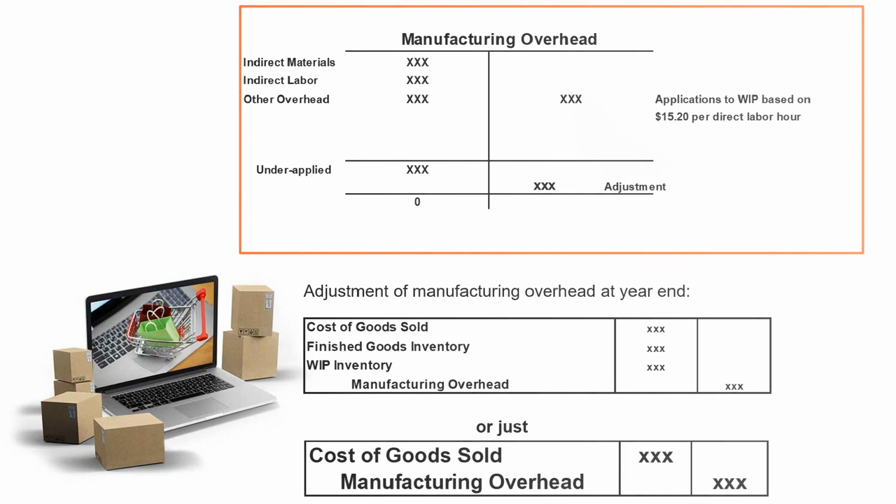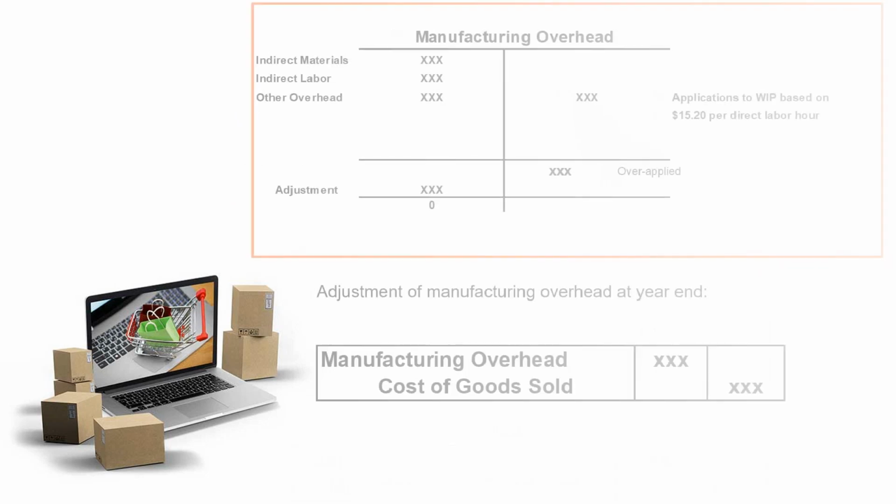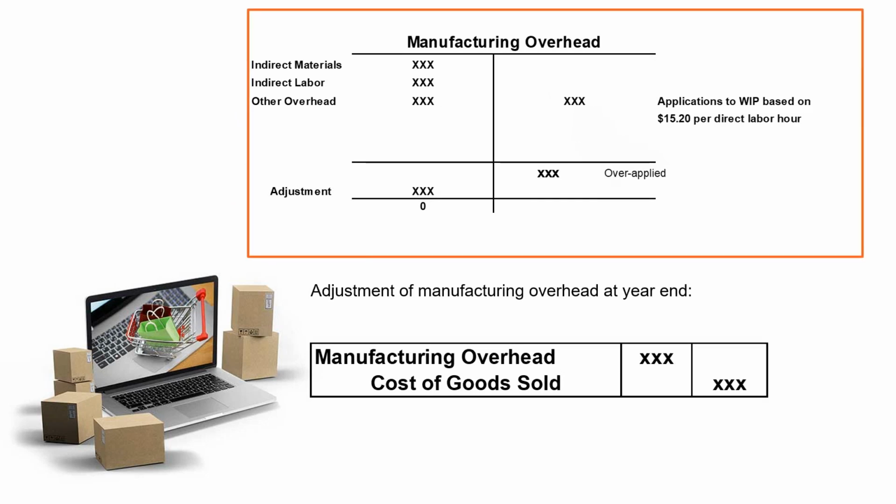Let's look back at the manufacturing overhead account and make a different assumption. Let's assume for a moment that our applications to work in process, the credit to manufacturing overhead as we put these overhead costs into the cost of work in process, actually exceeded our actual manufacturing overhead costs.